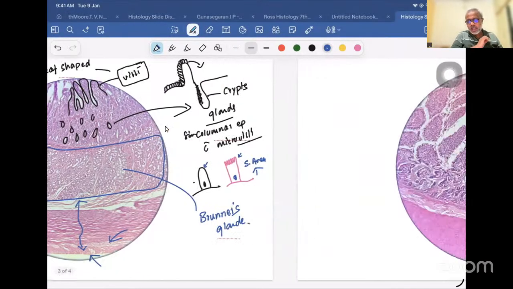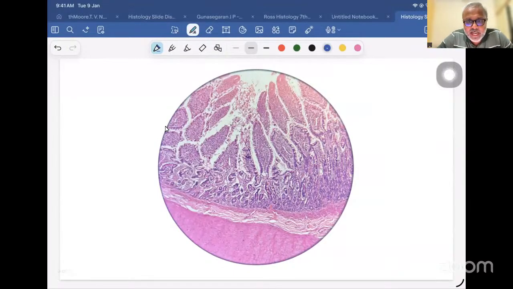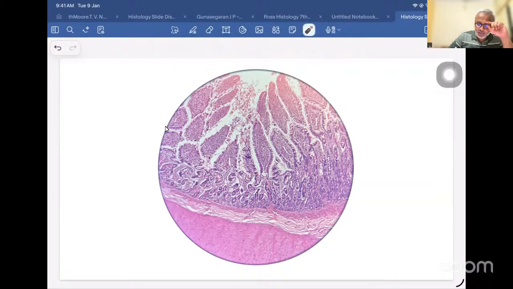Done. If you get this slide, this is the slide of jejunum. Again, the question is, how do you say that this is the slide of jejunum? Now here, what I want you to focus on is these long finger-shaped villi. So all these are finger-shaped villi, long finger-shaped villi.